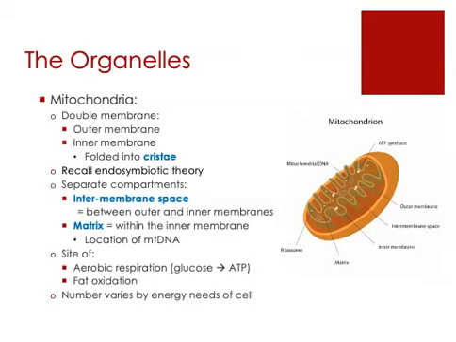Other cells, like the cells that hold fat, are not particularly metabolically active, and so you'll only find a handful of mitochondria in a cell like that. It all depends on the energy needs of that particular cell how many mitochondria will be there.